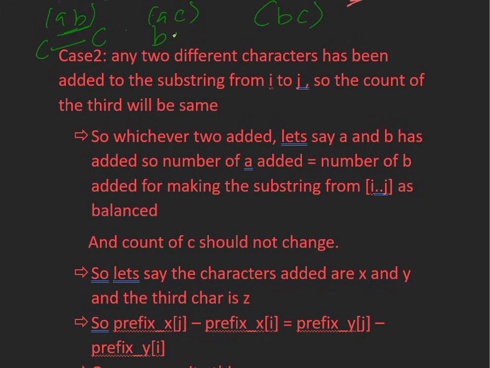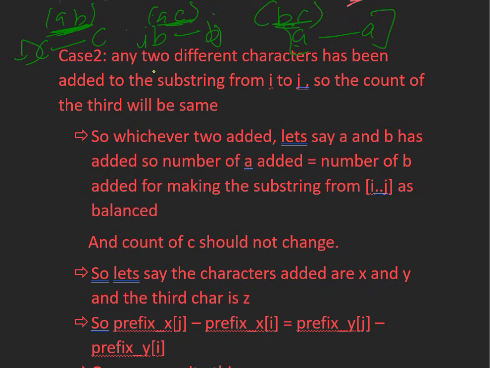In this case, count of B at index i to index j is the same if the substring i to j is balanced. Similarly, in this case, count of A should be the same, right? Because these characters haven't been added, only either this character or this character has been added, right?